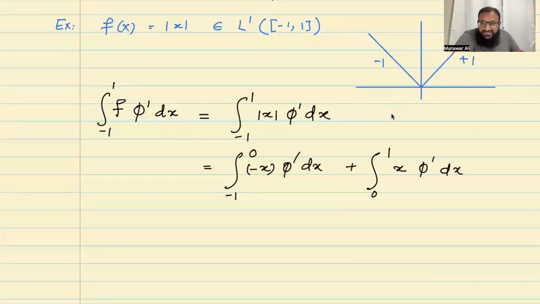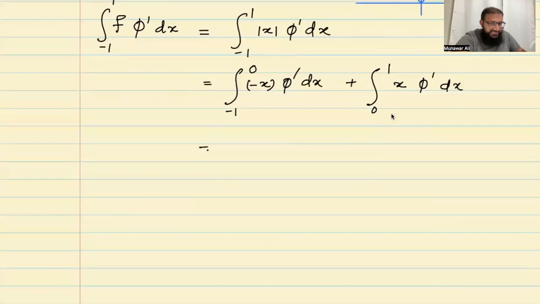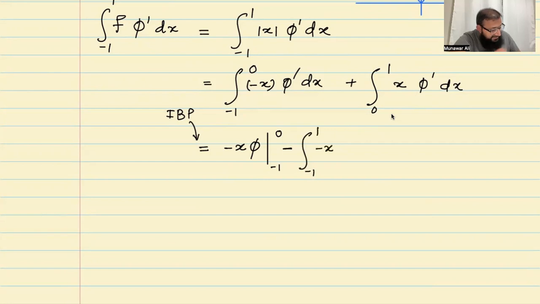Now I'm going to integrate this thing by parts, and you know very well how to integrate by parts. I'm doing the same thing. So I'm writing here integration by parts. You have to keep one function the same and integrate the other function, and so on. So I'm going to keep negative x the same, and integrating phi prime will give me phi, evaluated from -1 to 0, minus the integral of negative x, sorry, the derivative of that, which is -1, times phi dx.